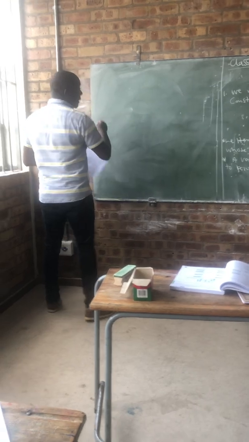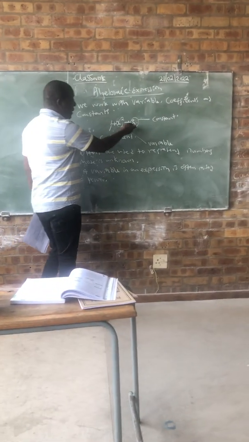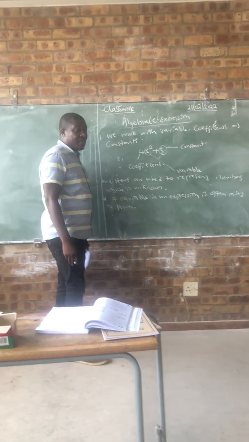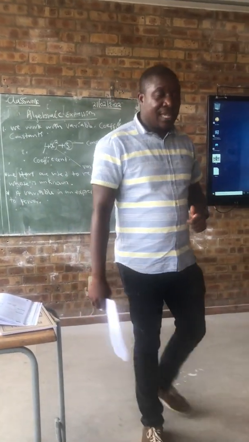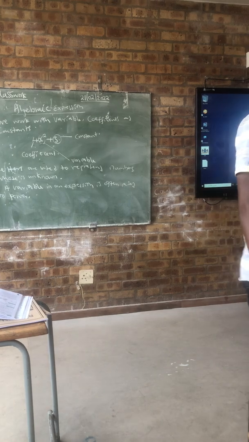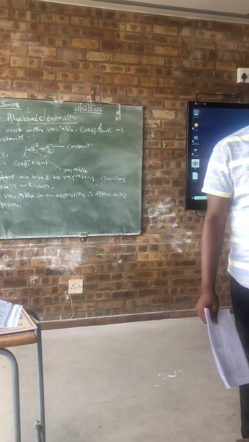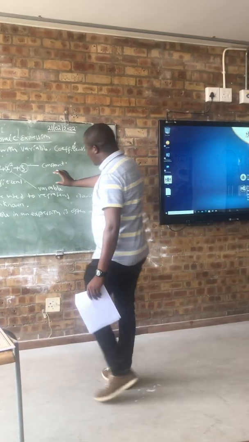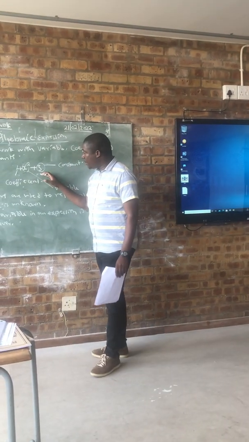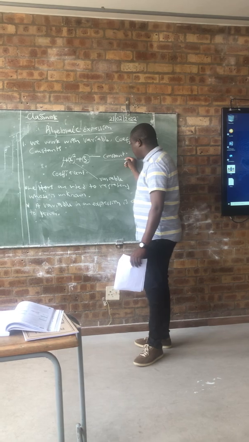And the other thing we said, what is 3? Constant. And a constant does not change. A constant remains like that forever. So 3, this number that is standing alone, we refer to as a constant.